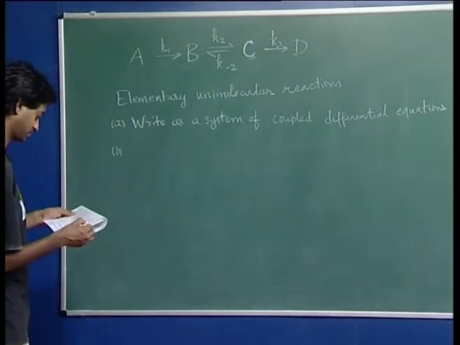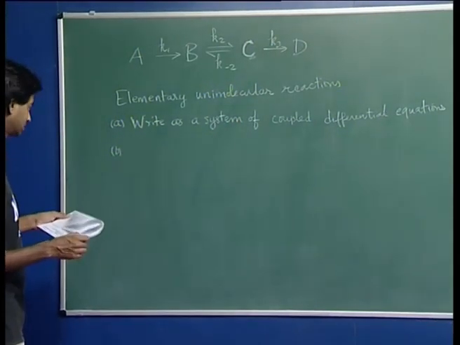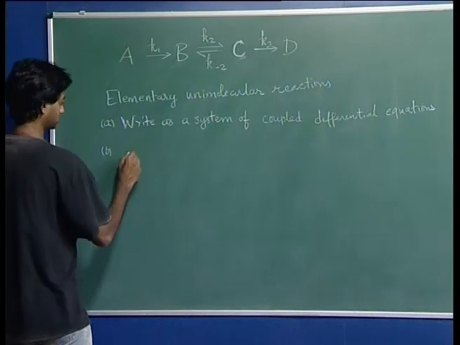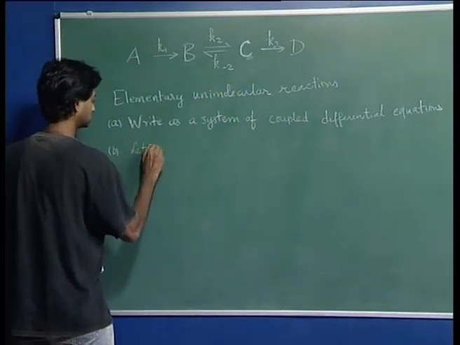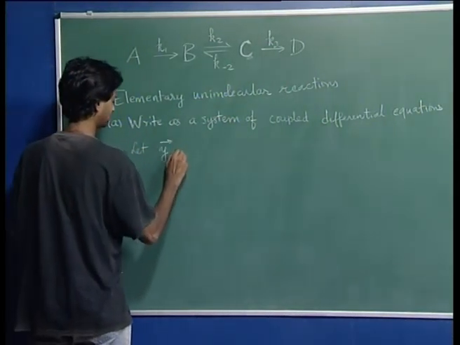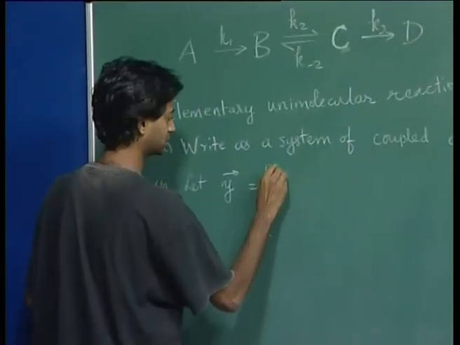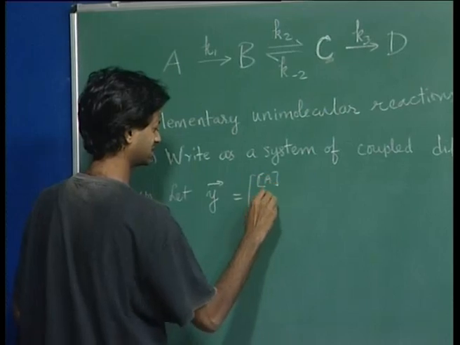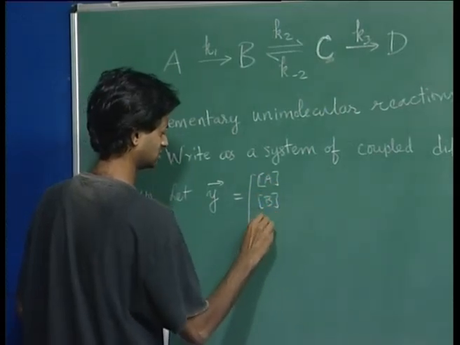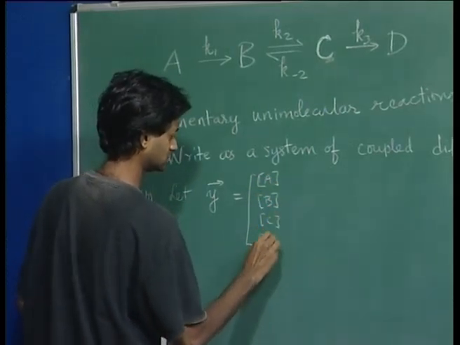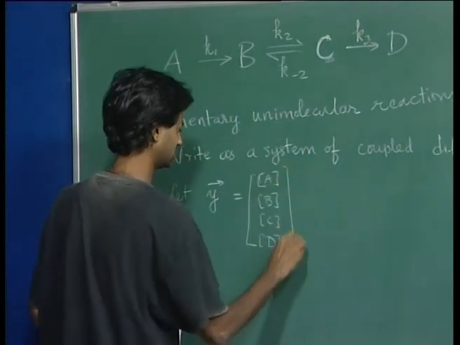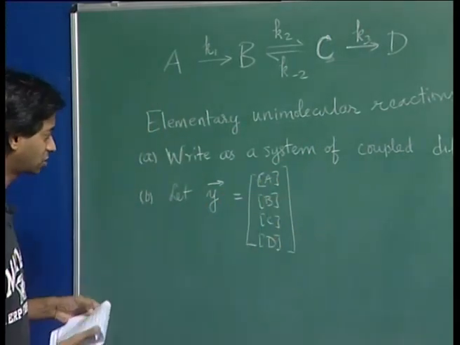Second one, we let y vector be a vector with 4 components, A, B, C, D. So it's a column vector.